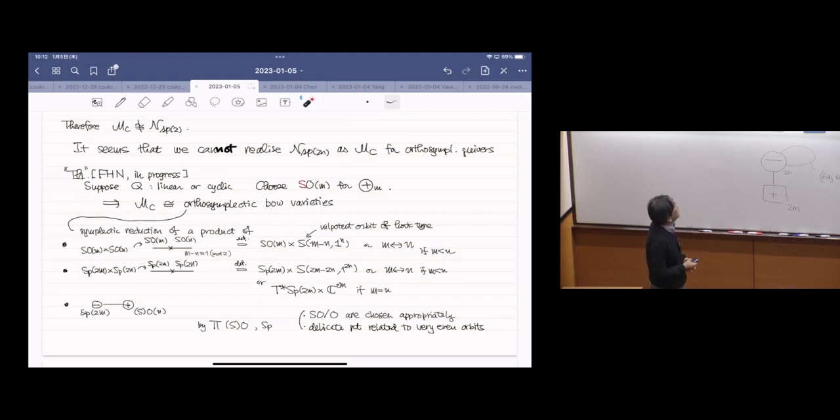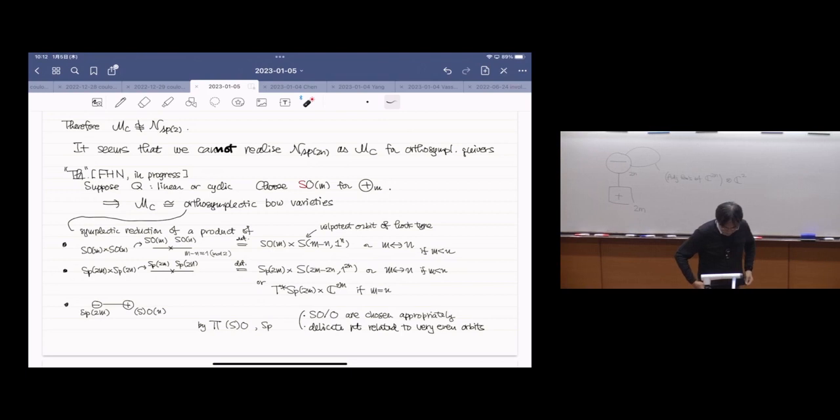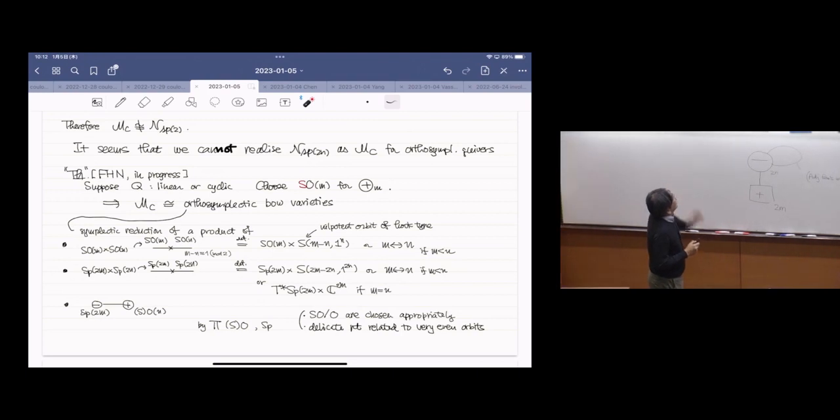But we are talking about the Coulomb branch. The Coulomb branch is what we call orthosymplectic Bohr varieties. Orthosymplectic Bohr varieties are defined properly, but roughly they are the symplectic reduction of a product of three types of symplectic manifolds with Hamiltonian group action.